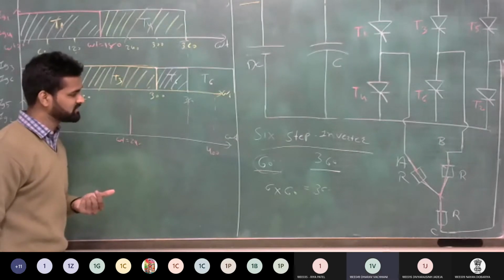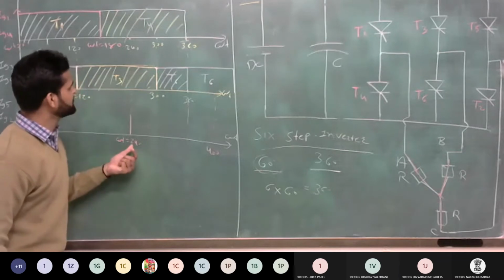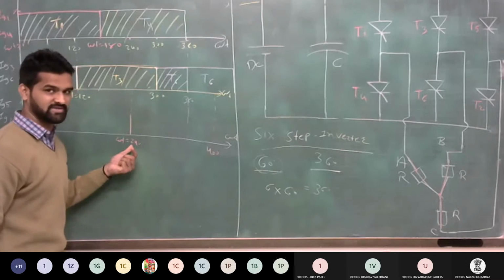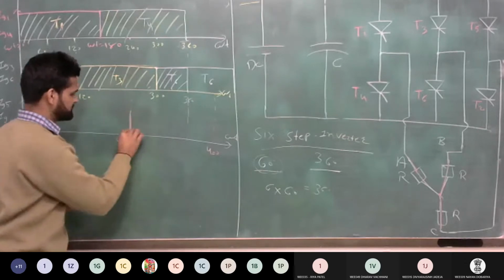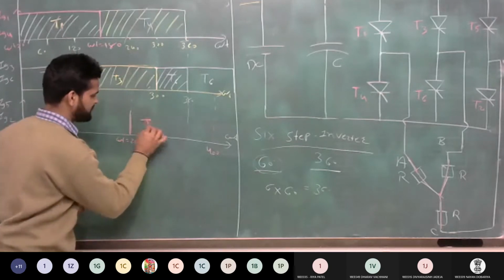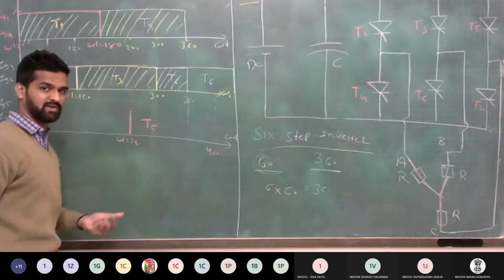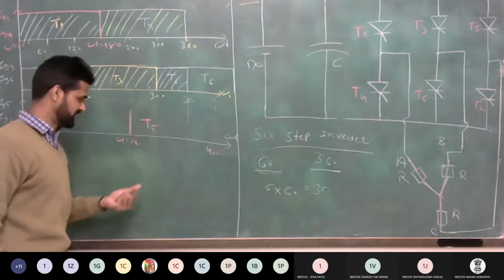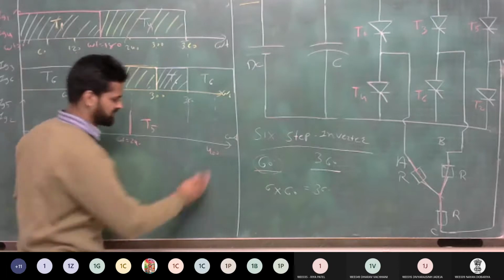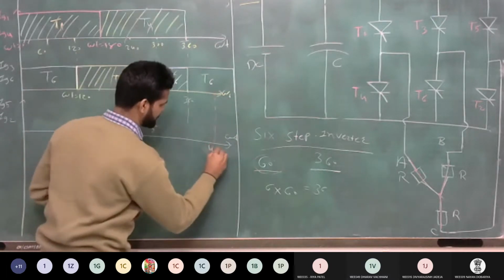T5 starts conduction at 240 degree, and it ends after 180 degree. Simple, 180 plus 240, 420. Yes or no? All of you? Yes, sir.